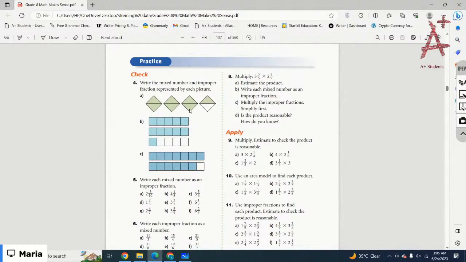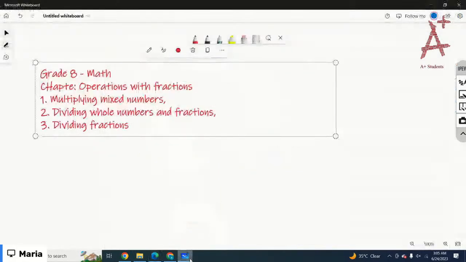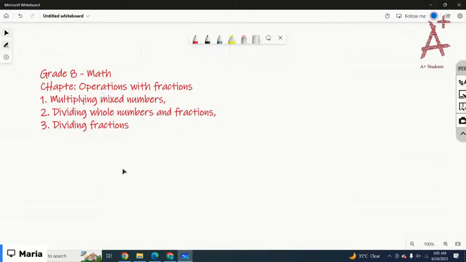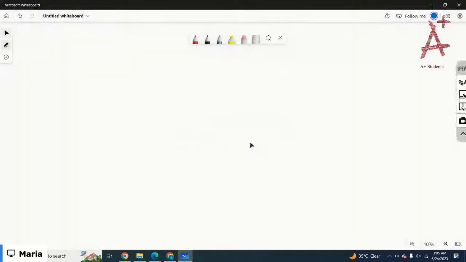The fourth one is half. So three is the whole number, and then half. You can write 4a as 3 whole 1 over 2, which is 3 and a half.